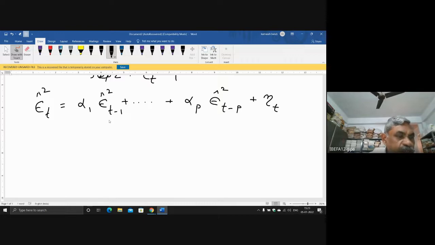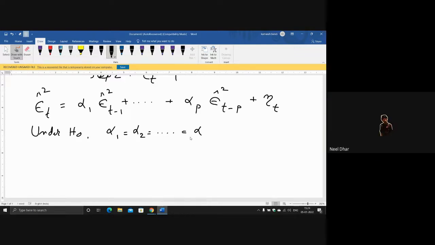So after the regression, under H naught, what is required if you want to accept H naught? Alpha 1 equal to alpha 2, all equal to 0.